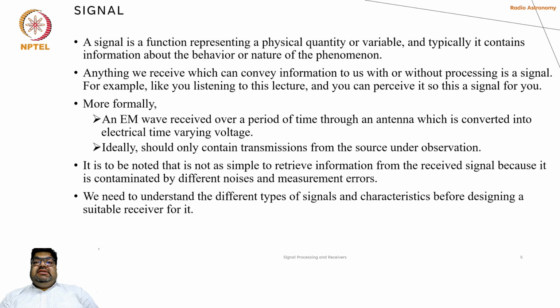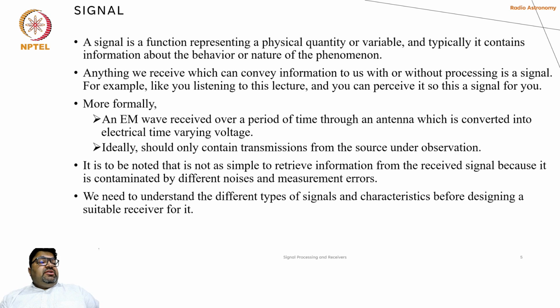We would like to see the redshifted hydrogen signal from a particular redshift, so we need to build our telescope at a particular frequency band corresponding to that redshifted frequency. Now, some of this you may be familiar with, some you may not. Don't worry, we will discuss as we go along.